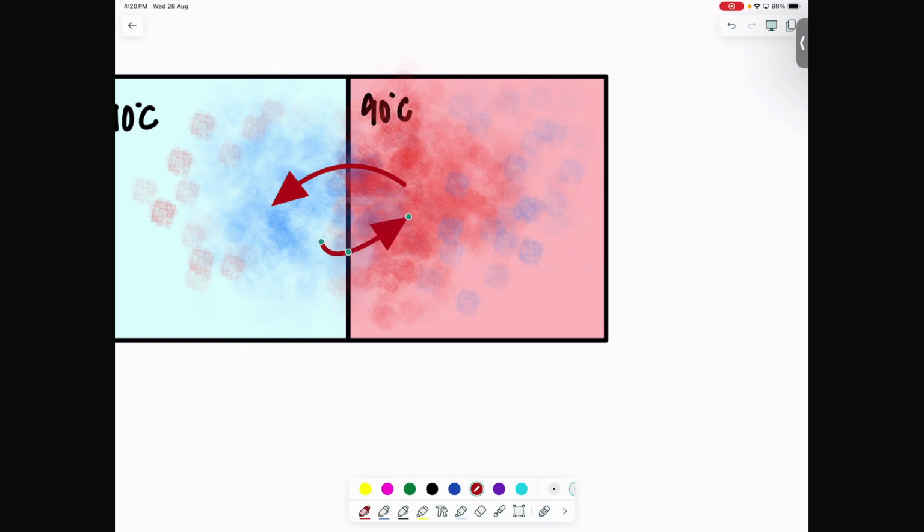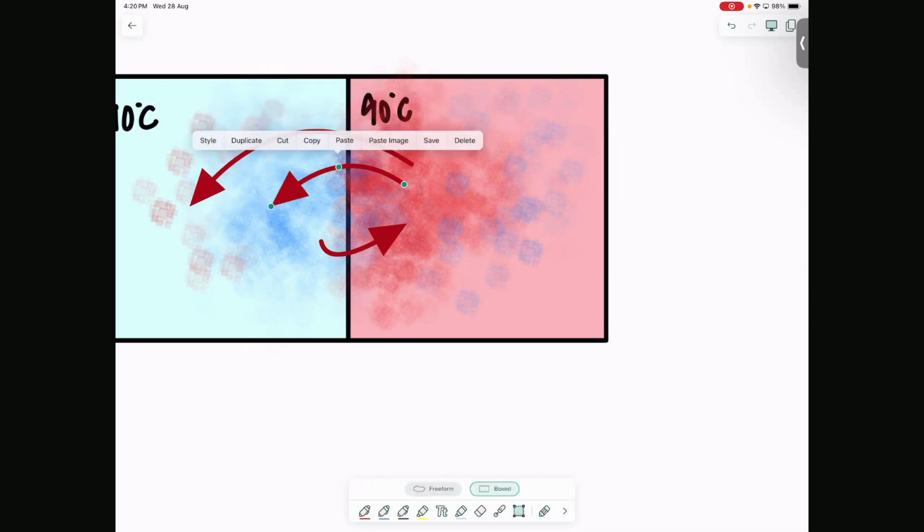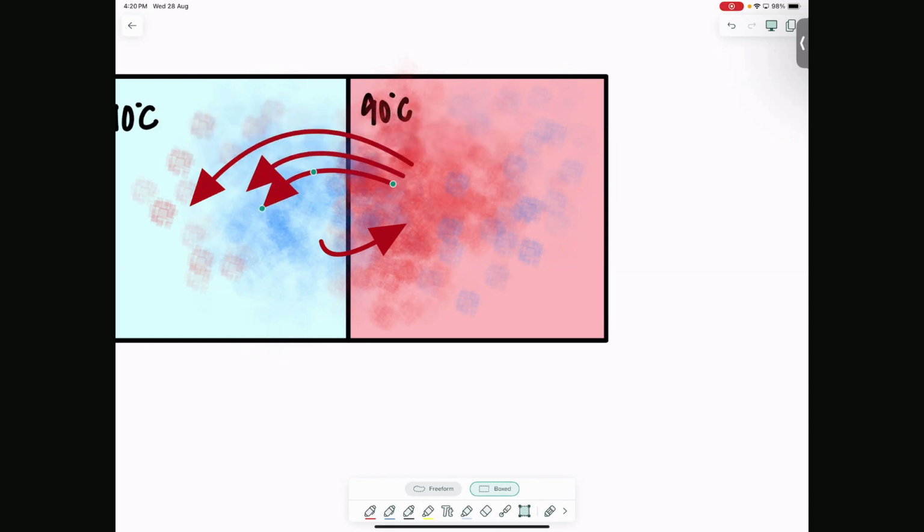But because there are more particles with higher energy on the right-hand side, the net energy transfer would be more from the right to the left. So you'll have, let's say, three arrows of energy transfer taking place here for one energy transfer taking place there. So which way is the net energy transfer taking place? Yeah, from right to left, right?